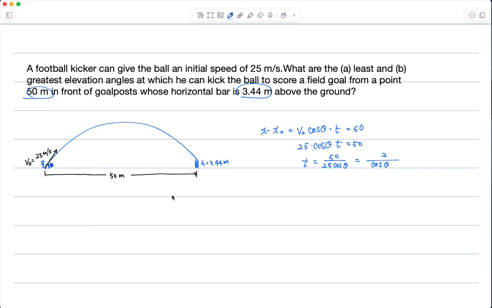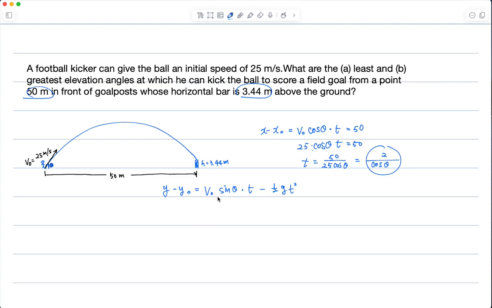Now we go for the vertical or y component. Y minus y0 equals the initial velocity multiplied by sine theta, the vertical component, multiplied by t, minus 1/2 g t squared. We use the value we found as the time.